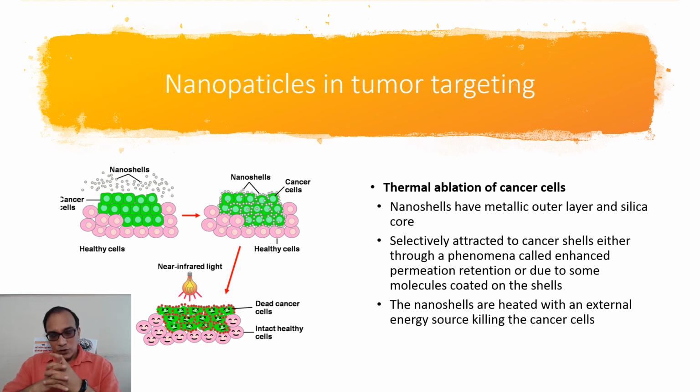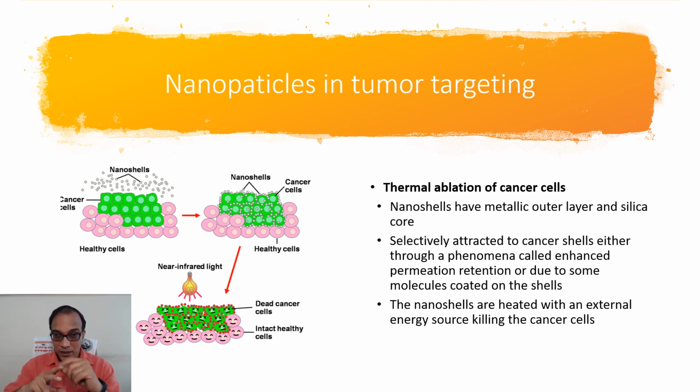Now, nanoparticles in tumor targeting: thermal ablation is also a technique. Thermal ablation of cancer cells. Nanoparticles may have a metallic outer layer and a silica core. As we have discussed, there may be inorganic or organic nanoparticles.